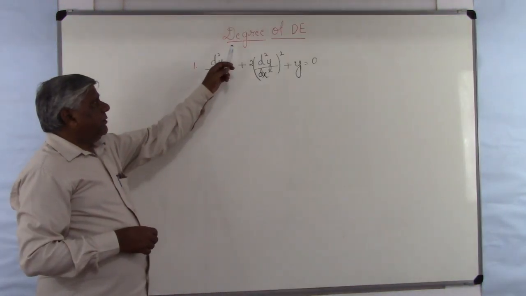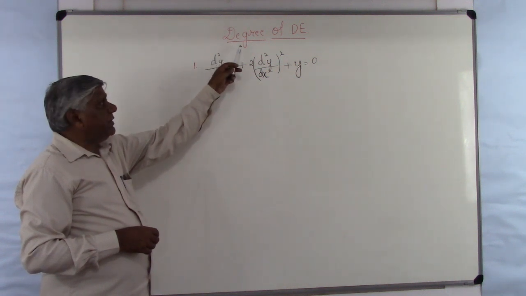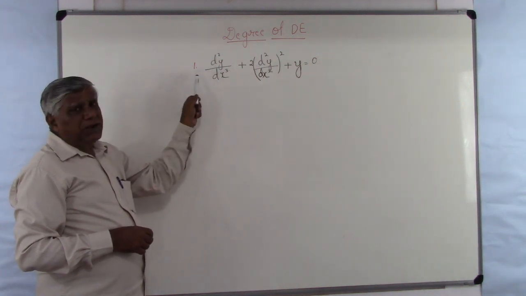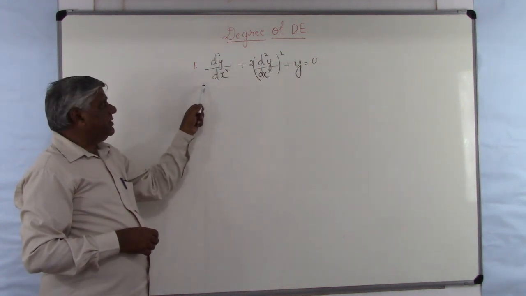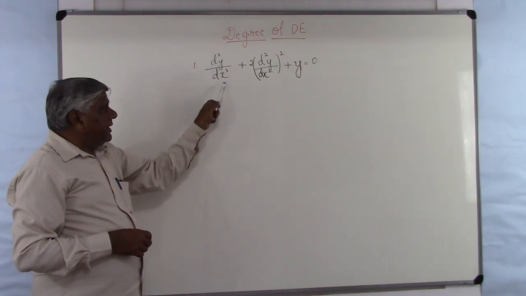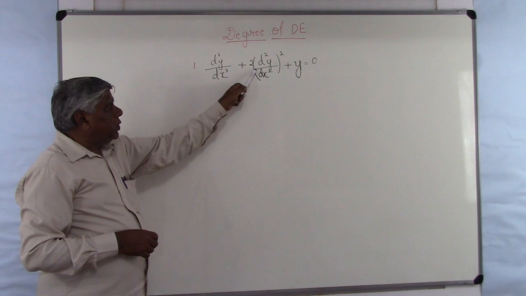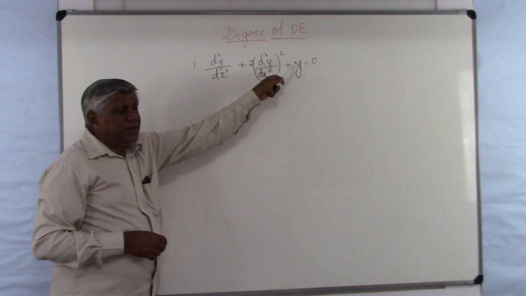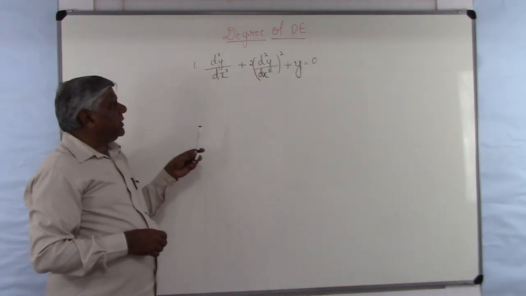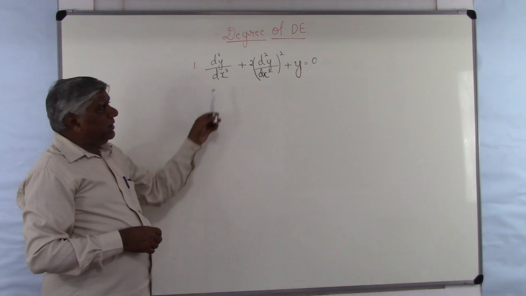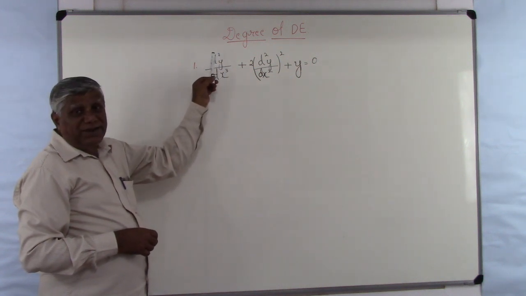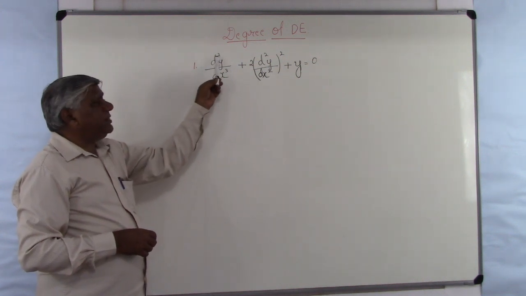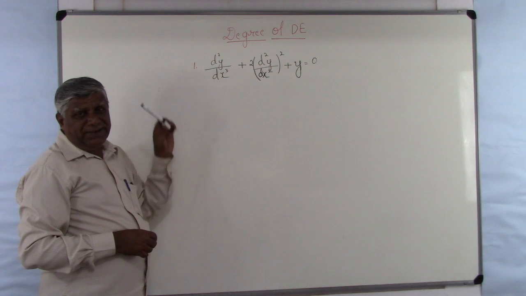Now we shall see the next topic, the degree of a differential equation. Here we have written one differential equation: d cube y by dx cube plus 2 into d square y by dx square, whole square, plus y is equal to 0. Now you can see the order of this differential equation is 3, since the highest derivative is 3.